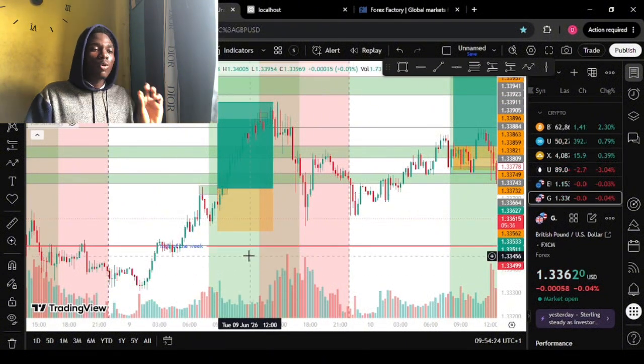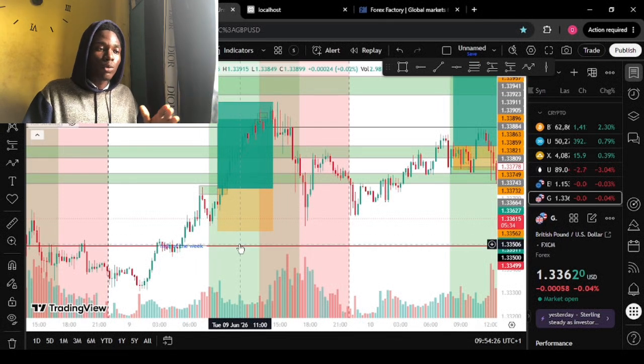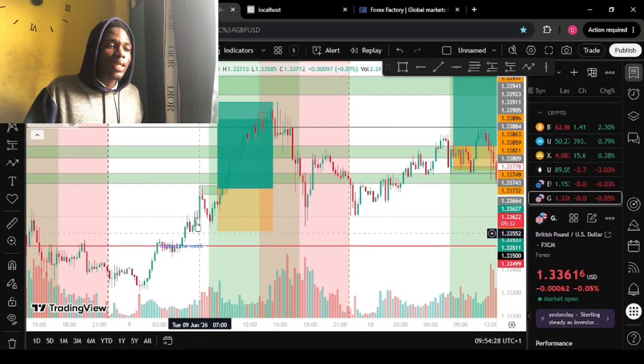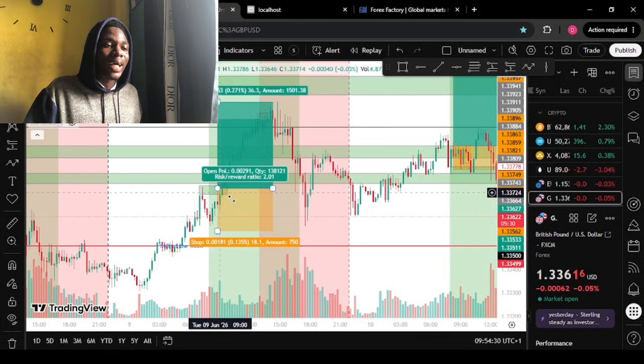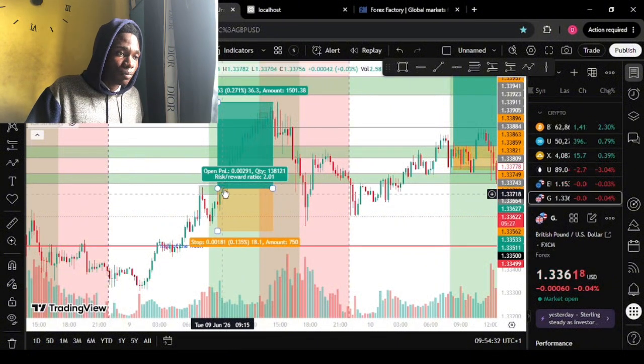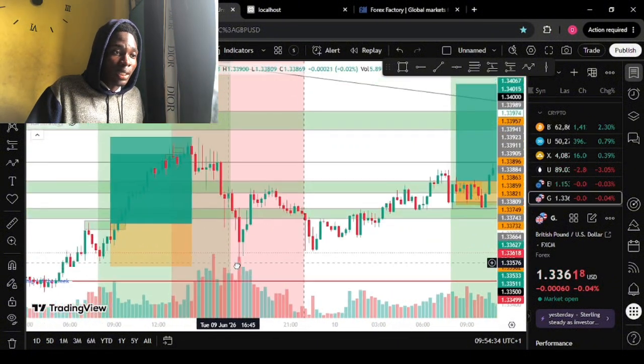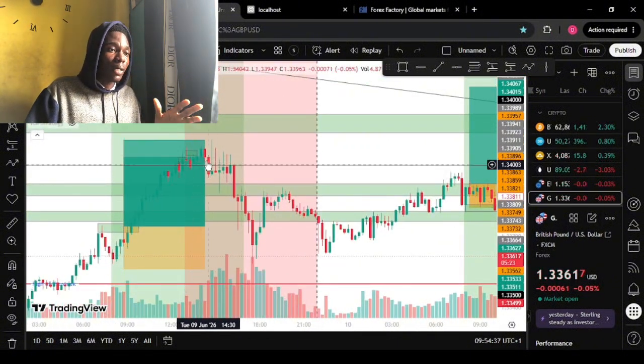But I was waiting for a bullish candlestick to close above the zone. So immediately I saw price close above it, I locked in my position, and I opted out around this region here, because I was seeing the price action.